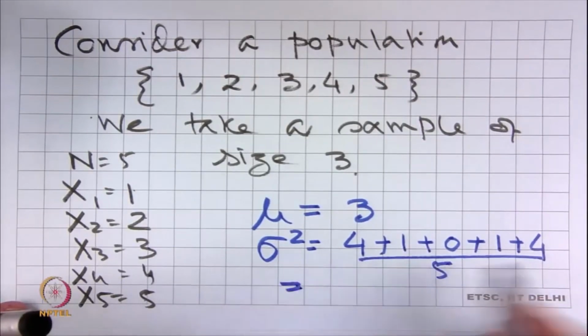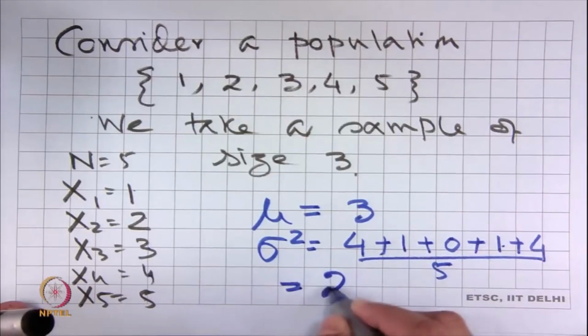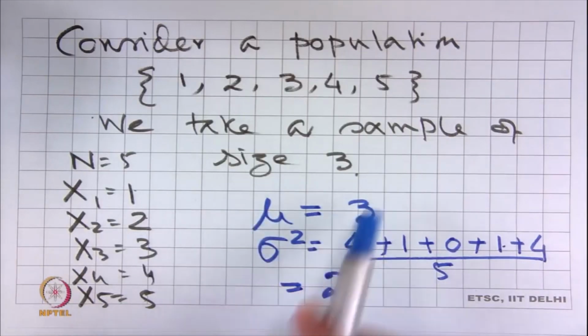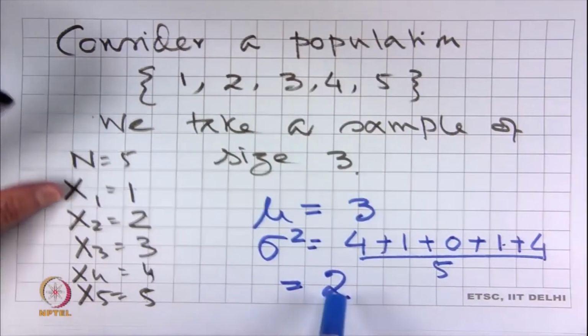That is 4 plus 1 is 5, plus 4 plus 1, 10, by 5 is equal to 2. Therefore, in this case my population mean is 3 and population variance is 2.